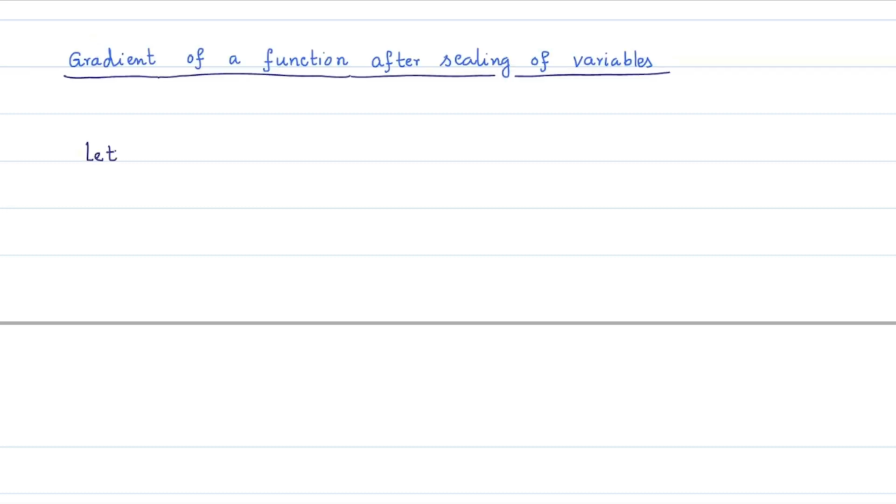Let us first calculate the influence of transformation of variable, or scaling of variables, on the gradient of a function. Let us suppose we are given a function of n variables which is a continuously differentiable function, so that we can employ the chain rule in finding the partial derivatives with respect to the revised variables.